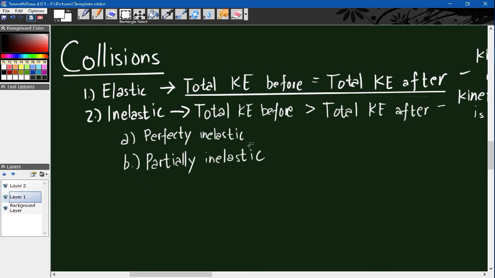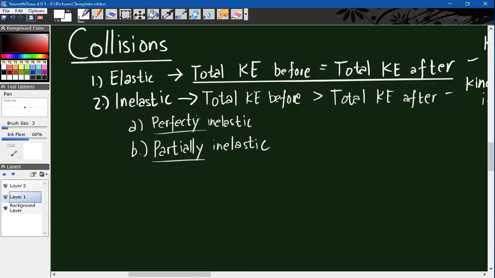So what's the difference between a perfectly inelastic and a partially inelastic collision?